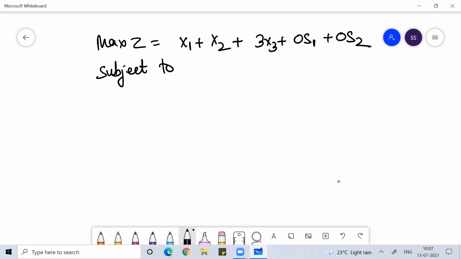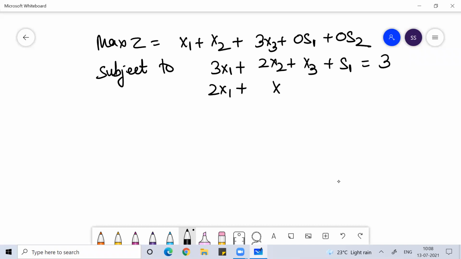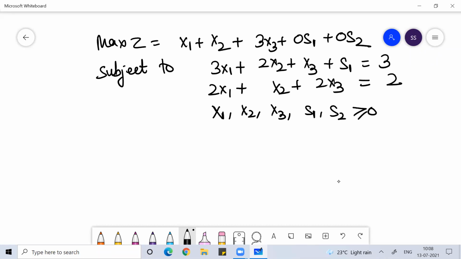We have 3x1 plus 2x2 plus x3 plus s1 is equal to 3, and the second constraint, 2x1 plus x2 plus 2x3 plus s2 is equal to 2, where x1, x2, x3, s1, s2 should be greater than or equal to 0. We know this very well.